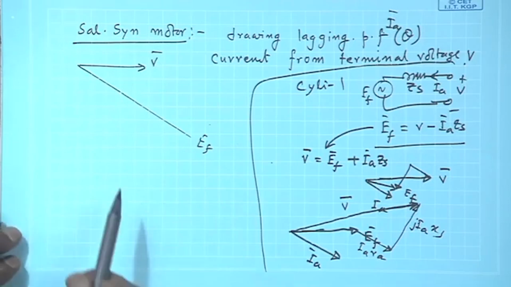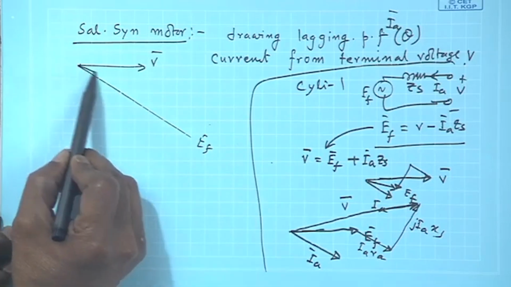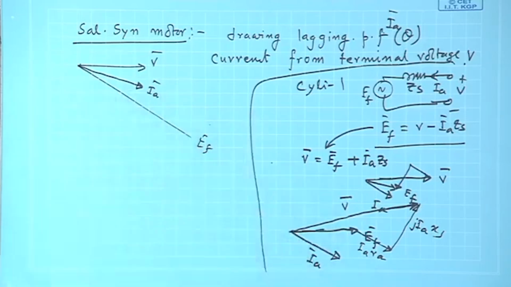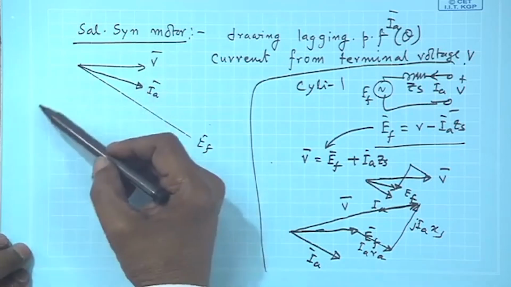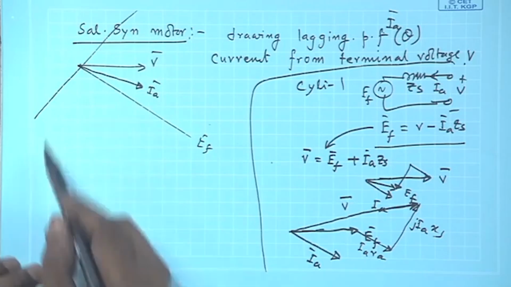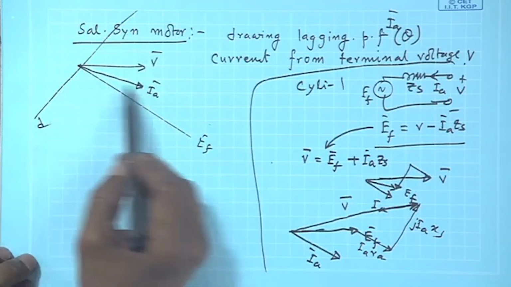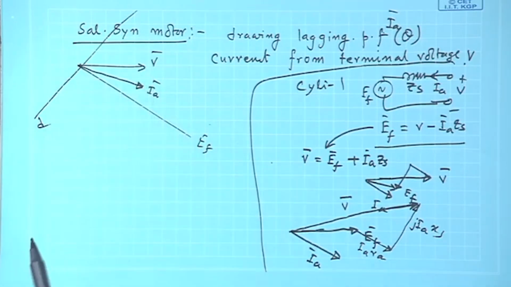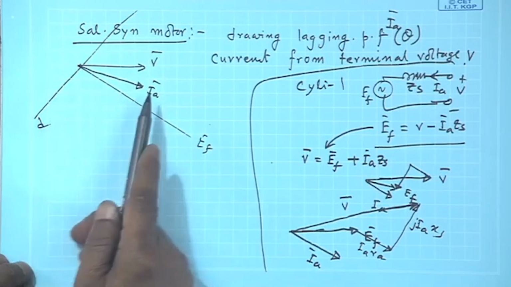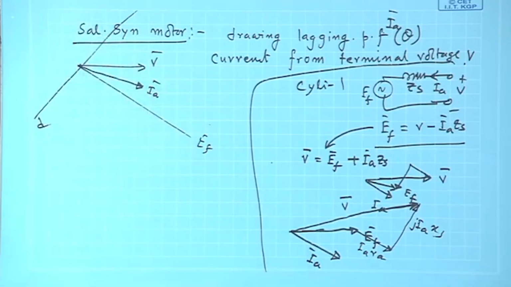What else is given? You are given IA, but it is a salient pole machine. Therefore, if this is q axis, I will find out d axis here like this, and then I will find out the components of IA in d and q axis, add to EF those drops and get the terminal voltage V.